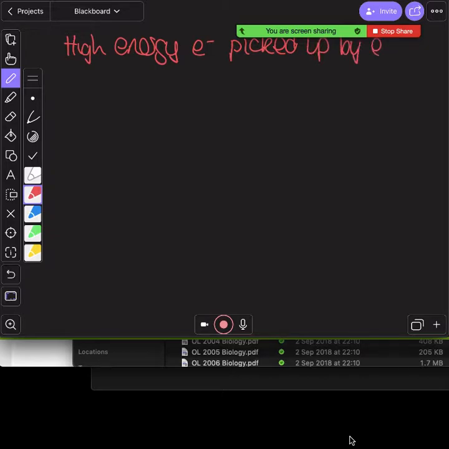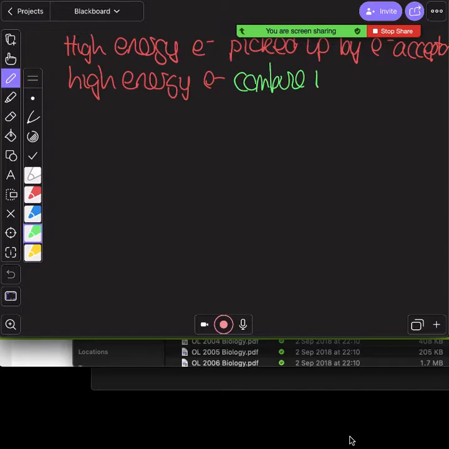So doing that in red to match your bit. And then we're going to start changing colors. So high energy electrons combine with NADP plus.